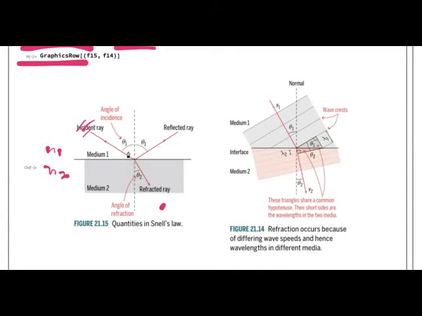You would have the very same picture, except the direction of the arrows would be reversed. The rays would be in the other direction. So in that case, a ray of light incident from a dense medium into a less dense medium will be bent away from the normal. Now we'll call the angle of refraction theta 2.